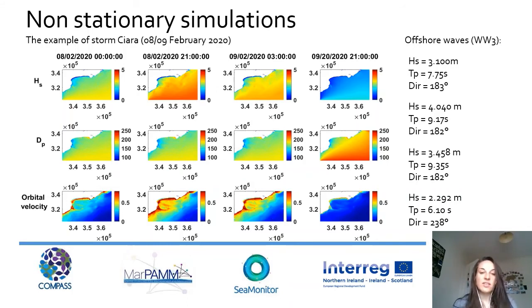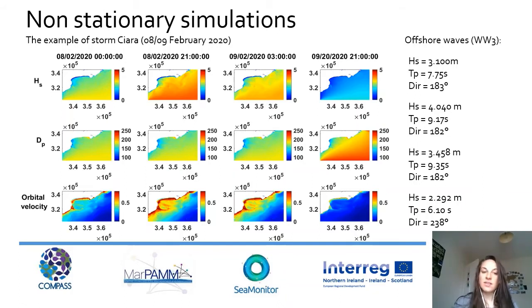For the non-stationary simulation, basically you follow the wave data set you have. Here we have a data set of waves every 3 hours. I'm showing you an example from the storm Ciara that happened last February. You're running the model first offshore in the nesting grid, like I said before, and you will have a simulation every 3 hours over the period.